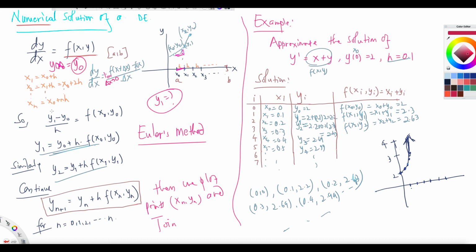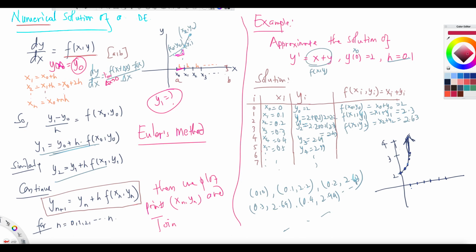On the left side, dy over dx is rise over run, that is y1 minus y0 over x1 minus x0, which is h. If you solve this, multiplying by h and moving y0 to the right side, you get y1 equals y0 plus h times f of x0, y0.